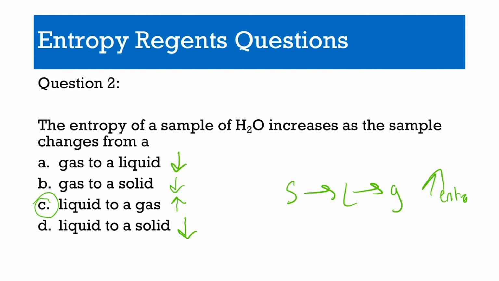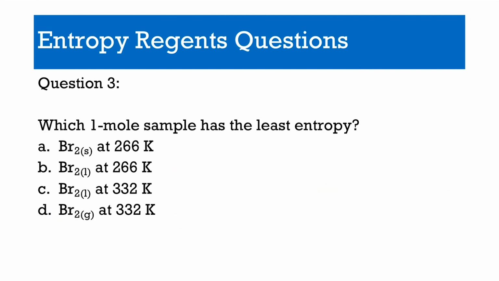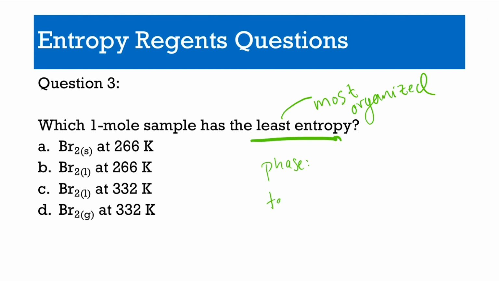Okay, moving forward with number 3. Which 1 mole sample has the least entropy? So that means you want the most organized answer. First of all, you should have underlined least.